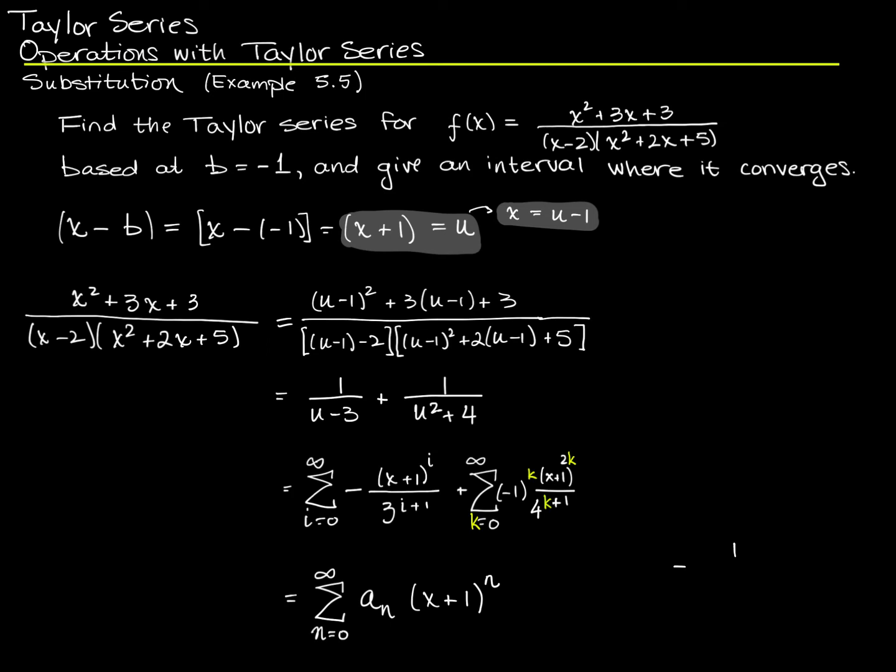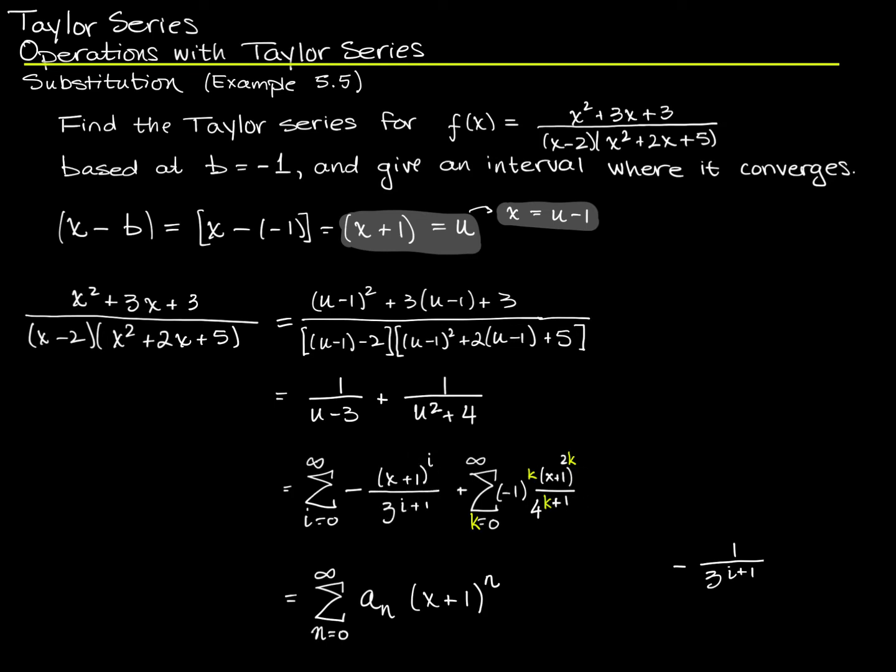Negative 1 over 3 to the power of, I said 1 plus x, I plus 1 there. And that's going to be true. That's going to be my a sub n. My a sub n is going to include this for every single power of I, right? For every other power of I, I get this one and this one.